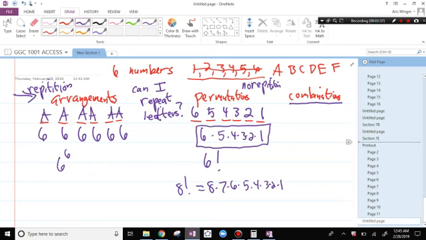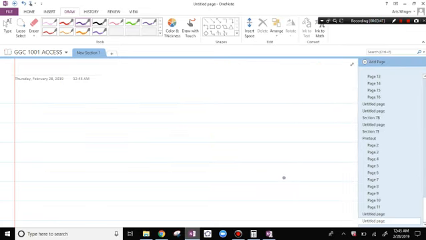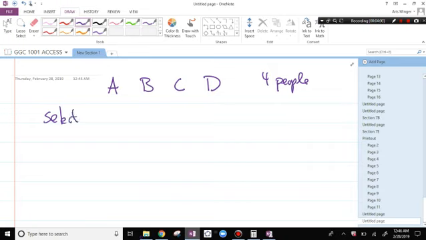Now, the difference between permutations and combinations happens when, let's say for instance, I have 4 people, Anthony, Bob, Christina, and Diana. There are 4 people, and I need to select 2 people to do something.